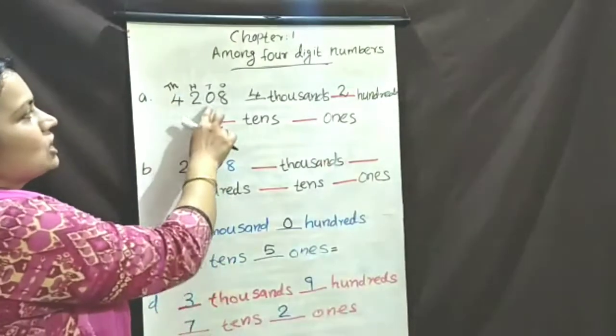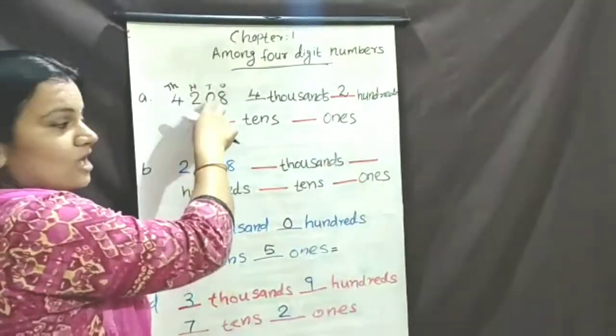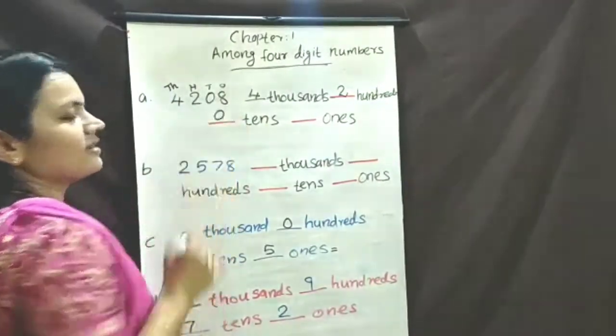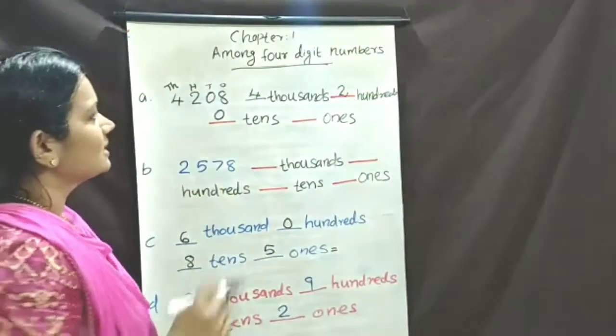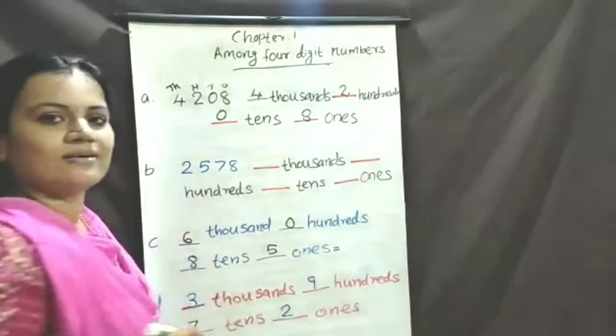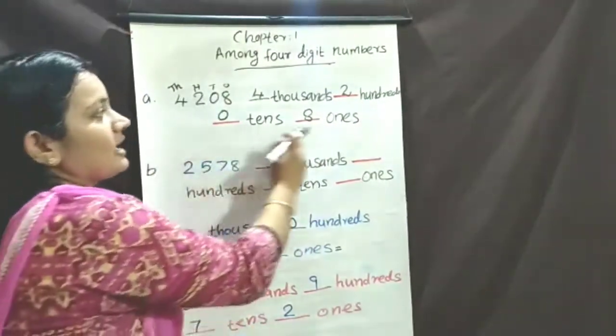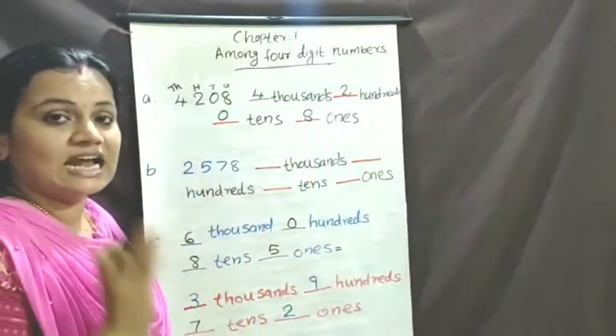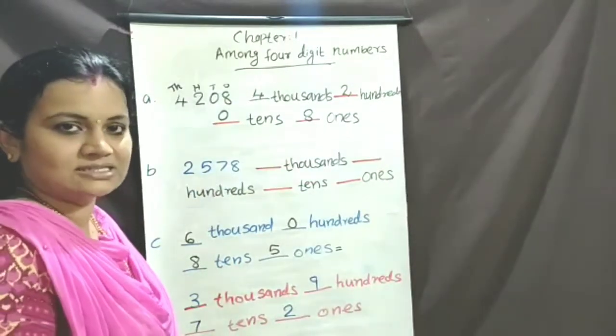Then 0 tens, 0 is here. Understood? Then 8 ones, write 8 here. In this way you can write. First of all you should study the places of 4-digit numbers.